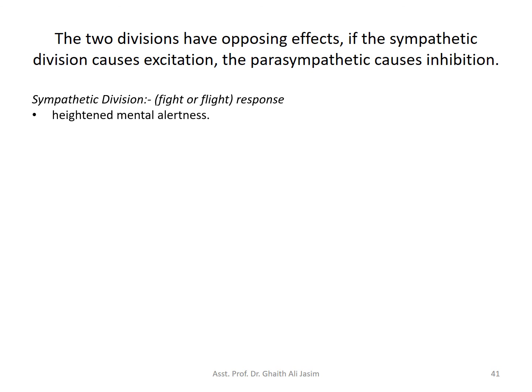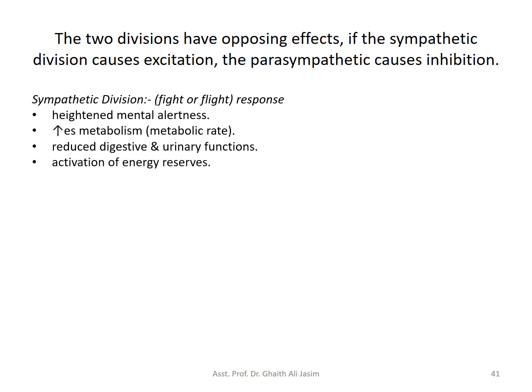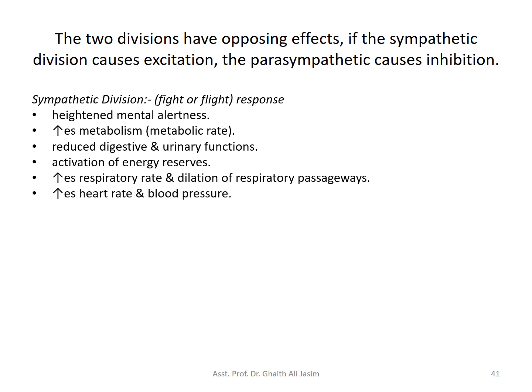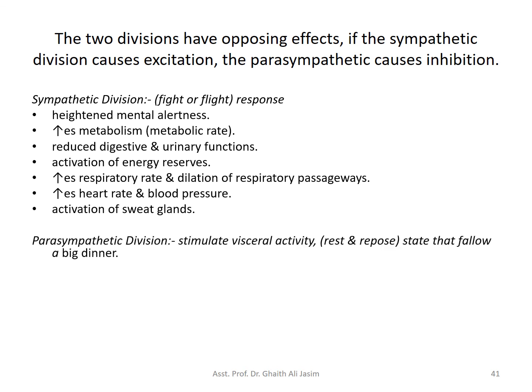It causes heightened mental alertness, increased metabolic rate, reduced digestive and urinary functions, activation of energy reserves, and also increased respiratory rate and dilatation of the respiratory passageways. Also, stimulation of the sympathetic division causes increased heart rate and blood pressure, and activation of sweat glands.